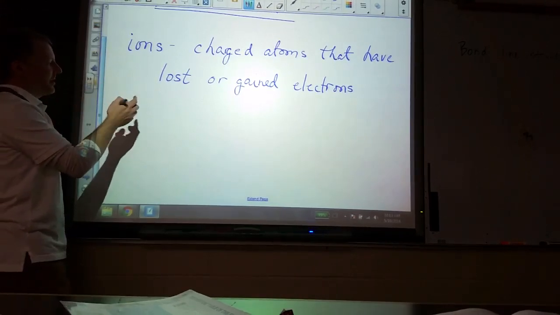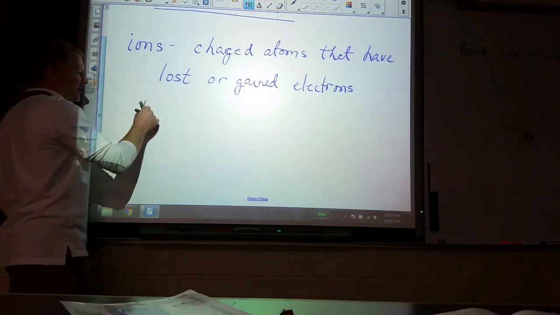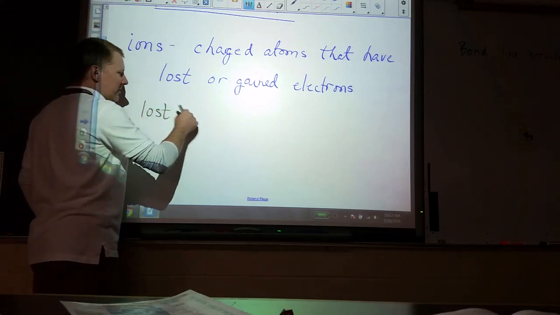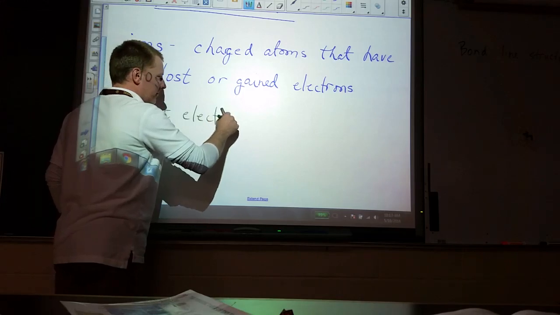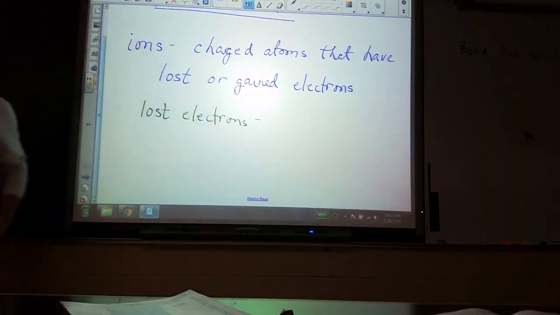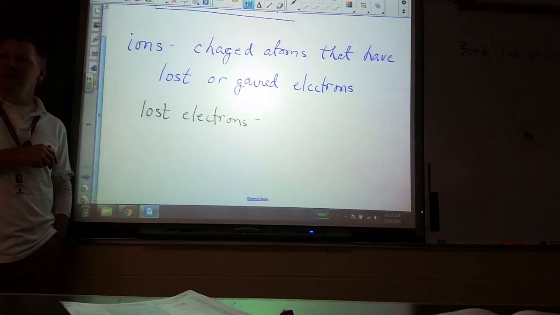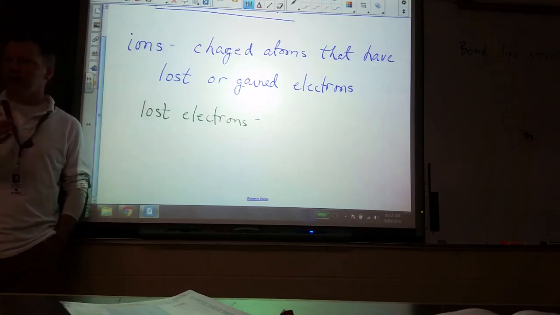Okay, so let's take these two possibilities. Let's say that something has lost electrons. If you take electrons away from something, what charge is left on that thing? Positive charge, because it's still got the protons to make it positive.